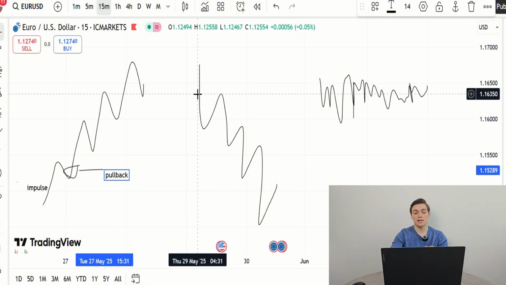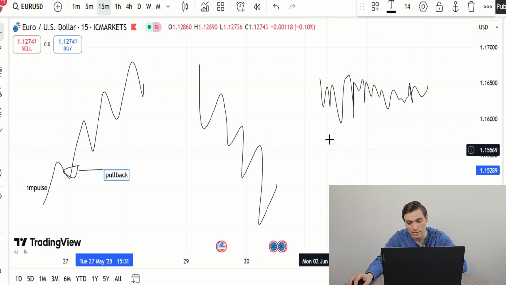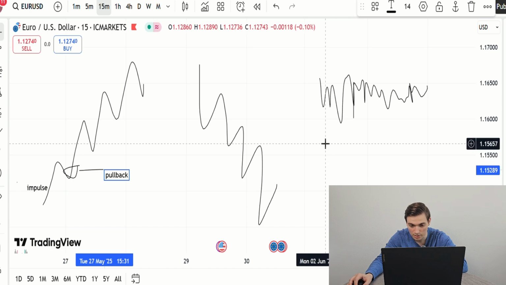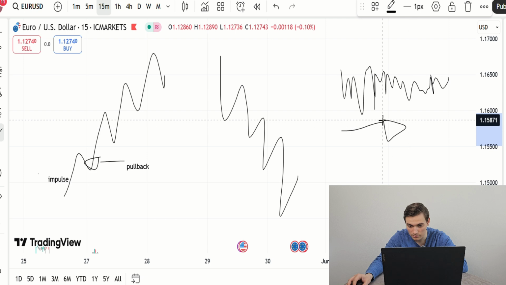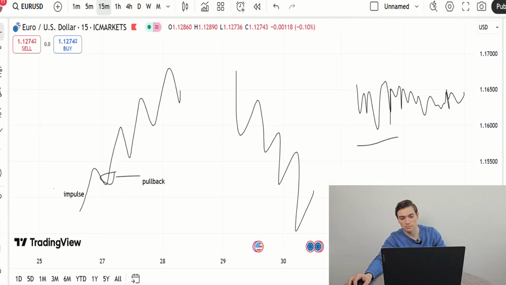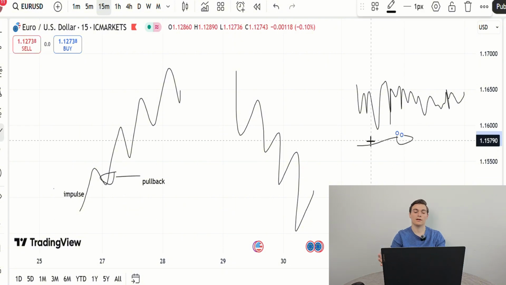Okay, and like I said, in a consolidation, in a sideways market, there is no impulse, there is no pullback. The market is just boring, moving to the right for a long time, sometimes not, but most of the time a long time, and you're sitting there waiting on the chart for something to happen. That's it. No impulse and no pullback on the consolidation.